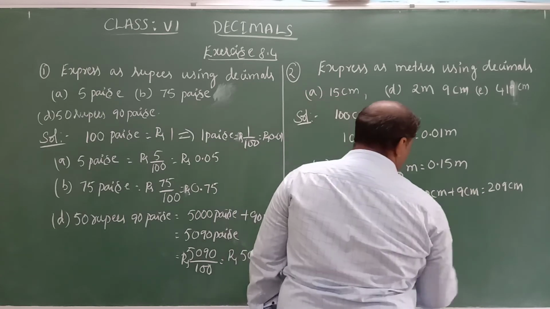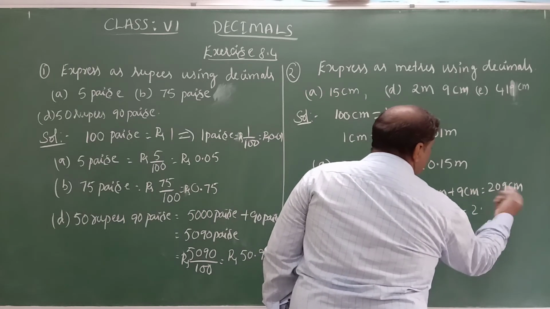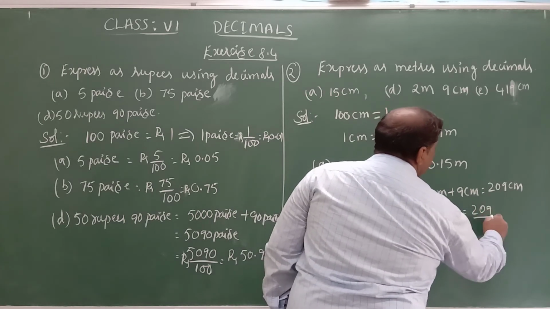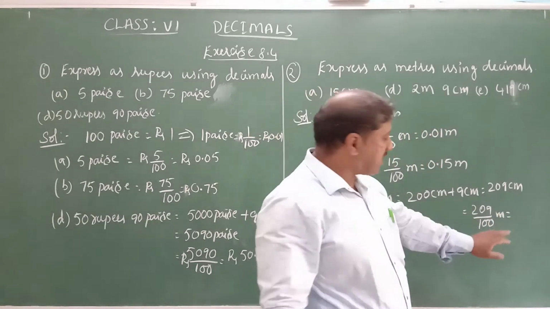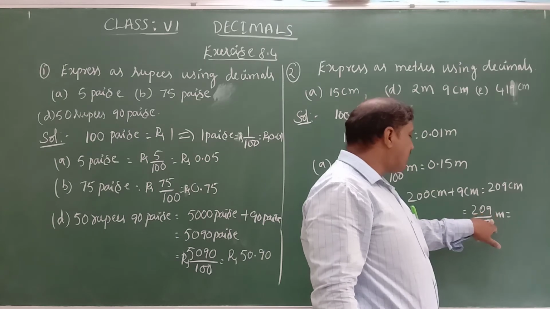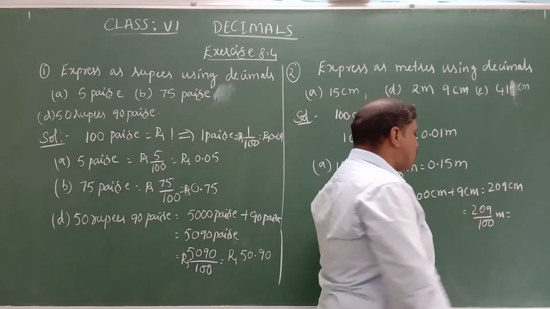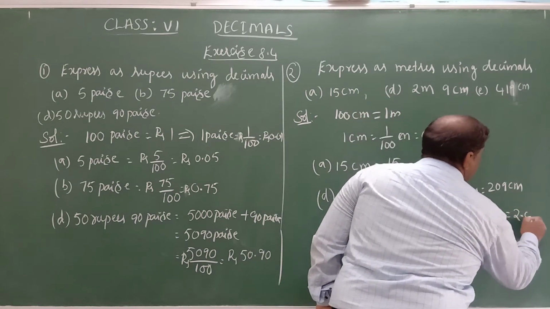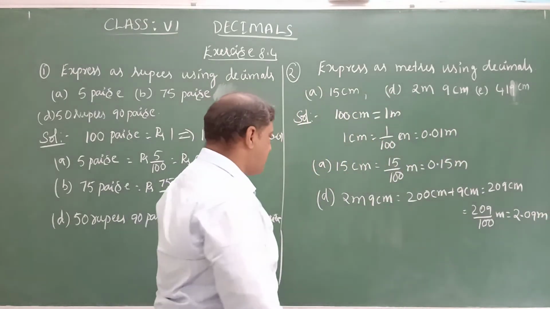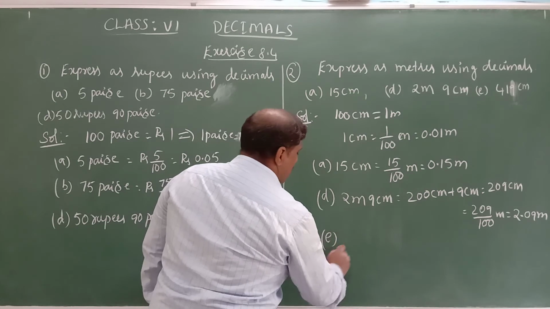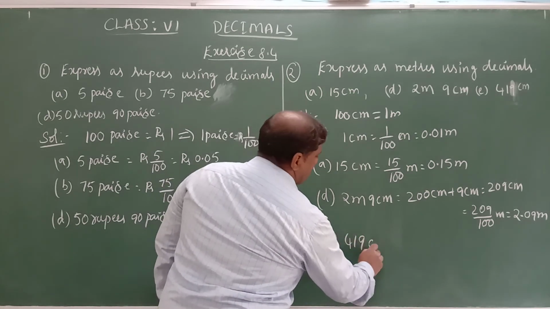That is equal to what we get in meters: 209 divided by 100 meters. Keep the decimal point after two digits, 1 and 2, that is between 2 and 0. 2.09 meters. Now the C bit is 490 centimeters.